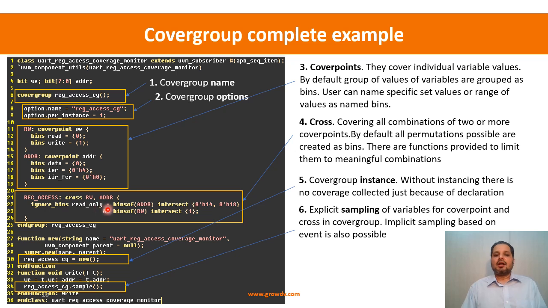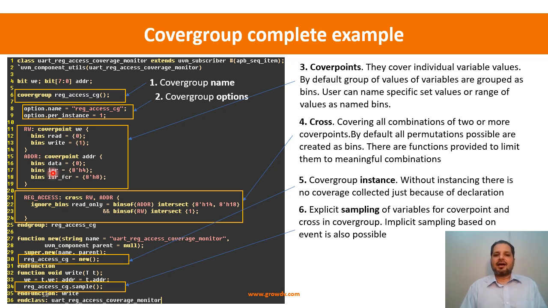So bins of address will give all those addresses, including 14 and 18, and bins of read write intersecting with 1, which means write. Any writes to these two addresses I don't need to track, and the rest of them I want to track. So in this case, for the data address, it is going to keep track of the count of whether a read has happened, and whether a write has happened.